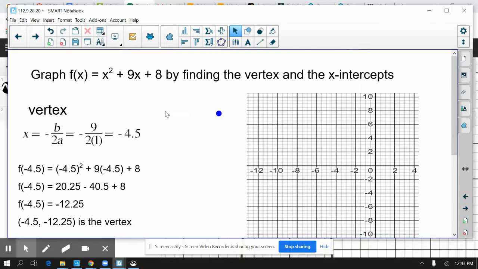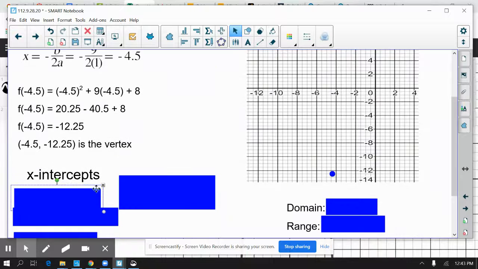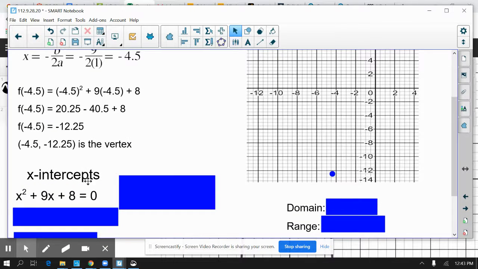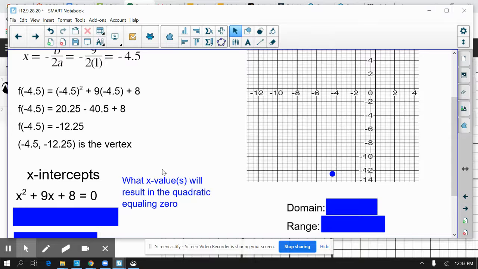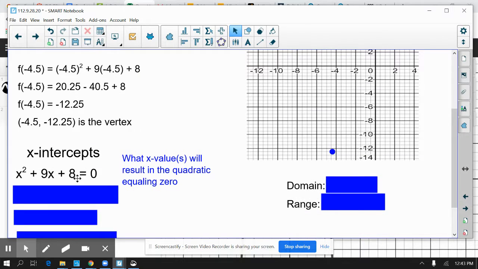What about the x-intercepts? The x-intercepts are when the function equals 0. Those are the x values that make it equal 0, also called the zeros. And this harkens back all the way to one of our first days together in our first unit. There are lots of ways to solve this.